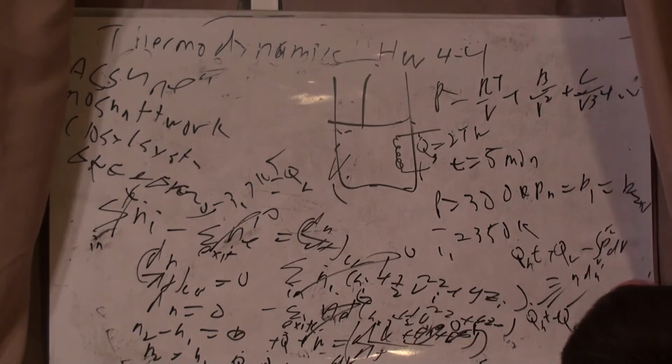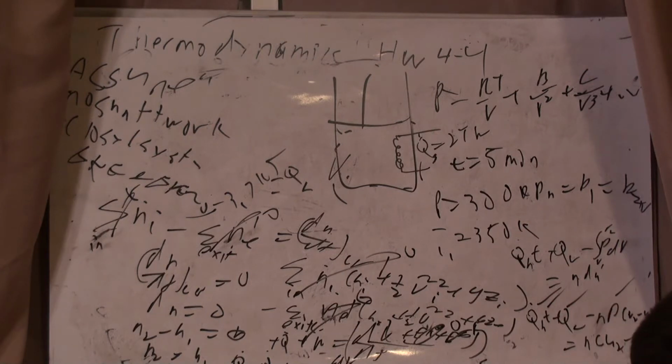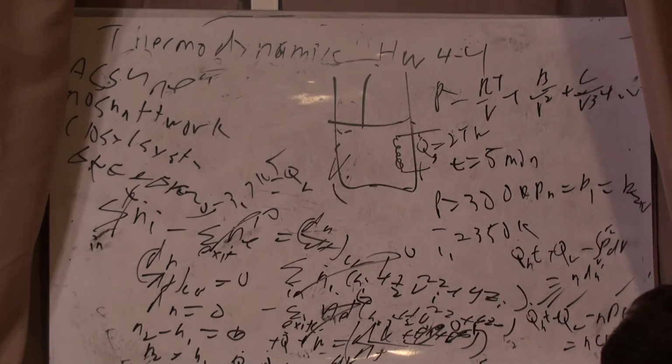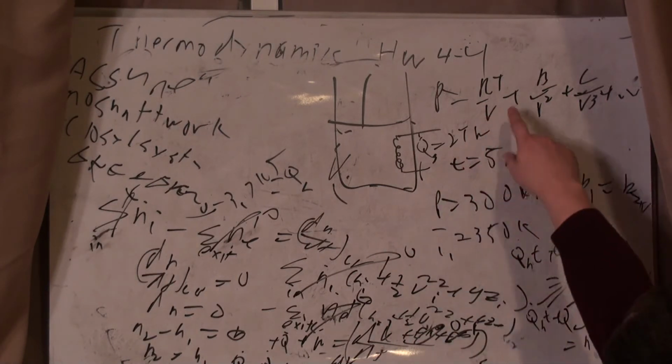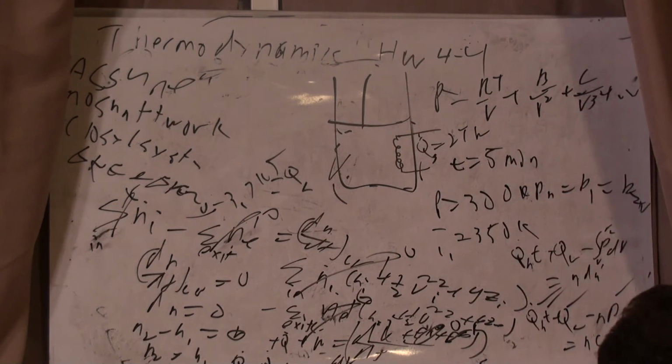I know my pressure. It doesn't look like I know my initial moles, and I don't know my initial molar volume. Actually, I do know my initial molar volume, because I know T and P and I know B and C, so I can solve for V squared and V cubed.